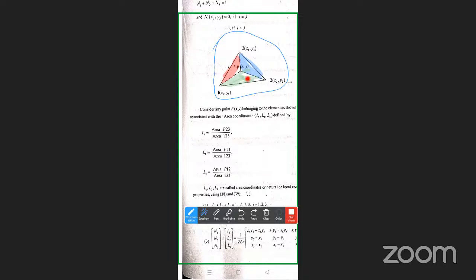So these L1, L2, L3 are called local coordinates. Is that clear? Local coordinates are L1, L2, L3, and N1, N2, N3 are called shape functions. The sum of shape functions N1, N2, N3 is always 1, and the local coordinates L1, L2, L3 are defined as area of 2, 3 over the area of the total triangle for L1.